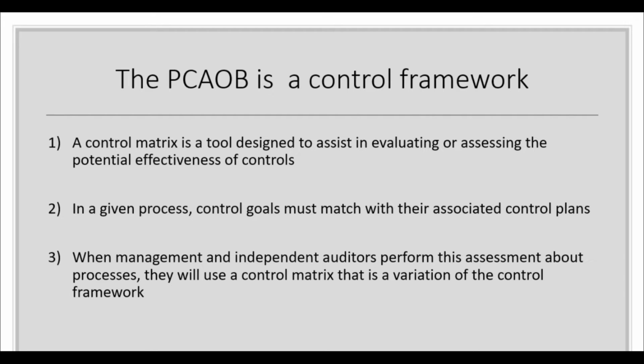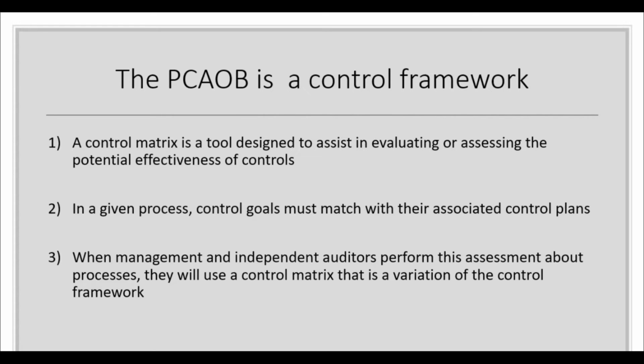In a given process, enterprise process and information process, there are control goals that must match with the control plans. When management and independent auditors perform this assessment about processes, they use a control matrix.